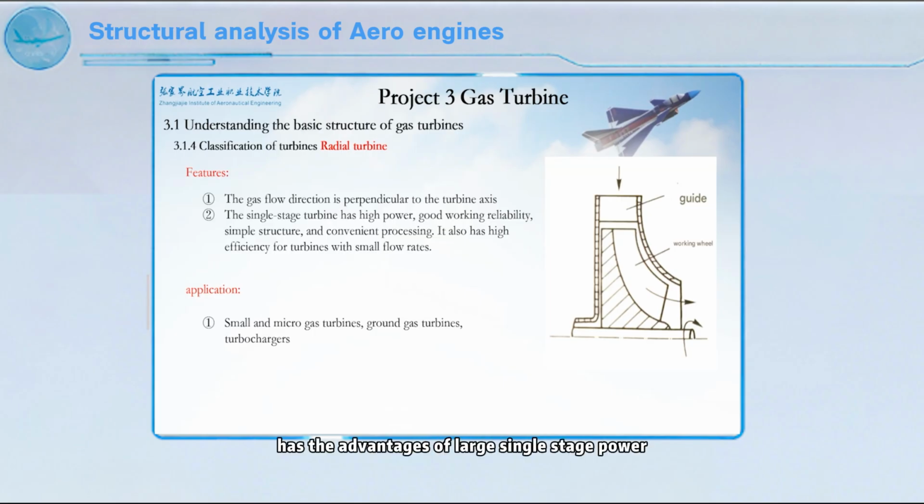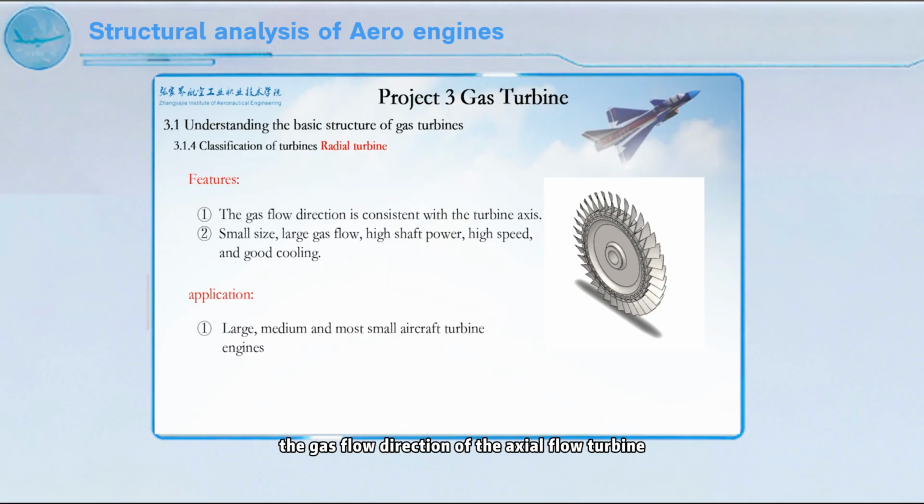Radial turbines have the advantages of large single-stage power, good working reliability, simple structure, convenient processing, and high efficiency for small flow turbines. However, radial turbines are large in size and generally cannot be composed of many stages, so they are generally used in small and micro gas turbines, ground gas turbines, turbochargers, etc.